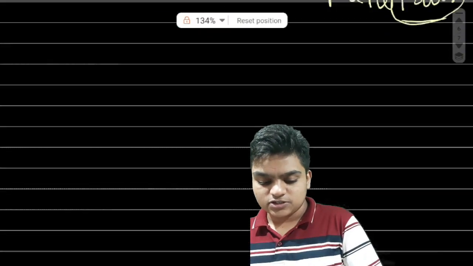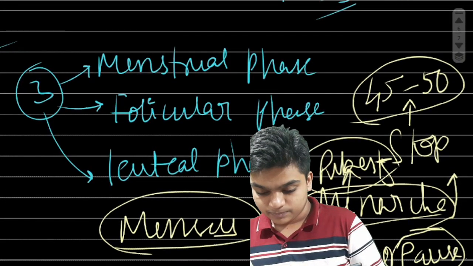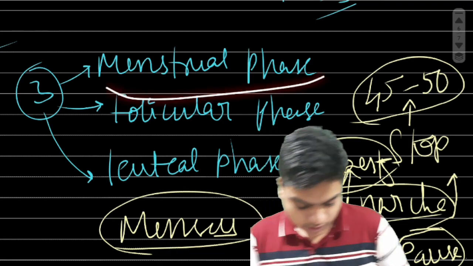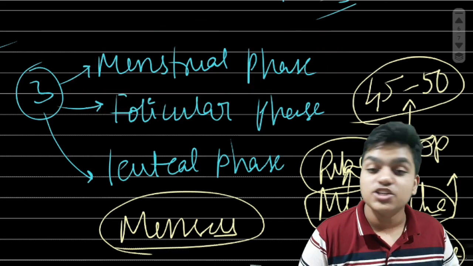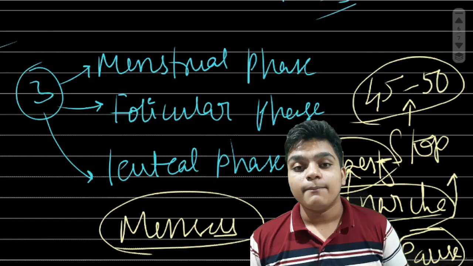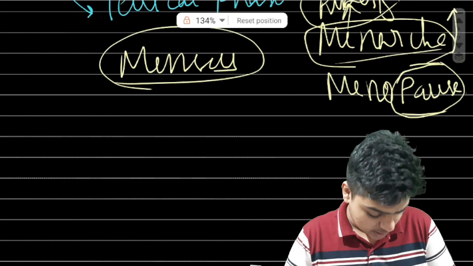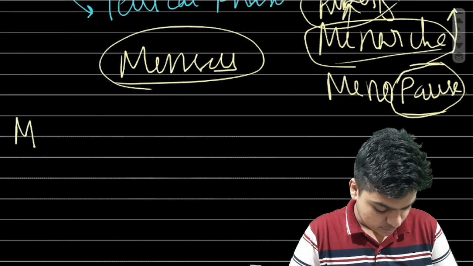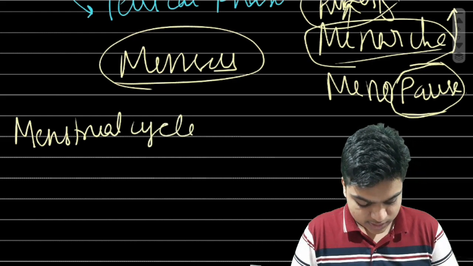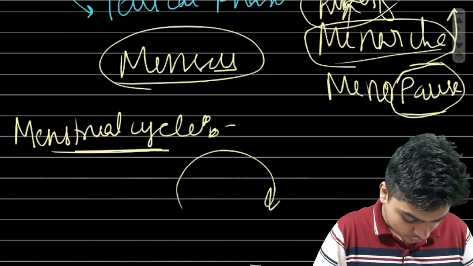Now coming to the phases of the menstrual cycle. Here we have the first phase, called the menstrual phase. Before going into that, we have to see a word called menstrual cycle. The menstrual cycle is nothing but a repetition of phases.